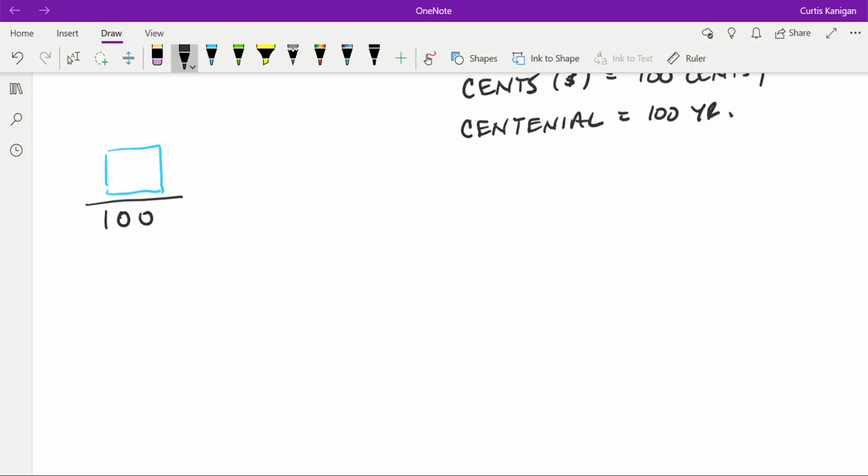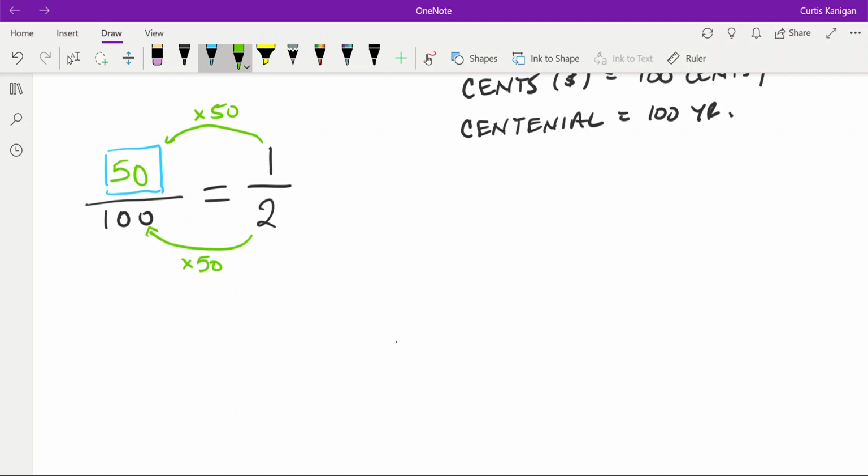So based on our understanding of reducing fractions, or equivalent fractions, let's say that this fraction, 1 over 2, is equal to some sort of percentage. So you guys will remember that in order to figure out, we're going to times by 50 here, and whatever we do to the bottom we must do to the top, and as a result we can say that this fraction is 50 out of 100.